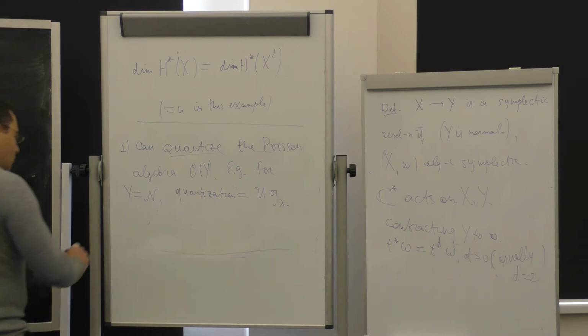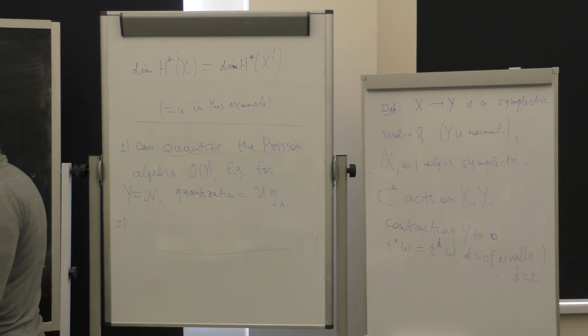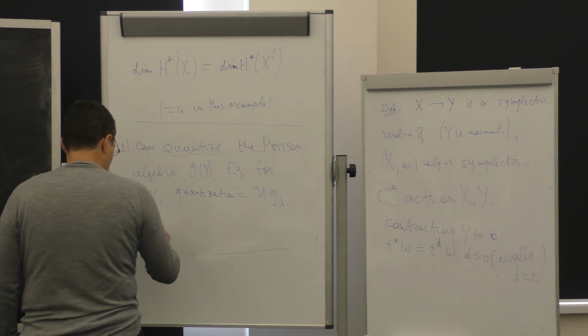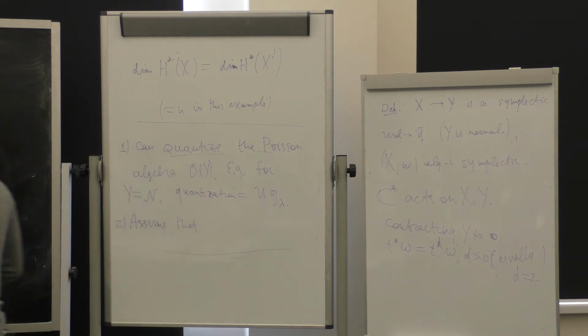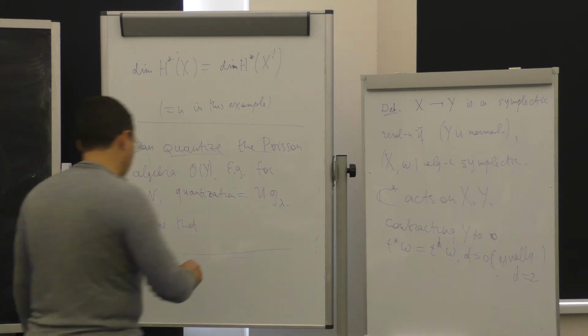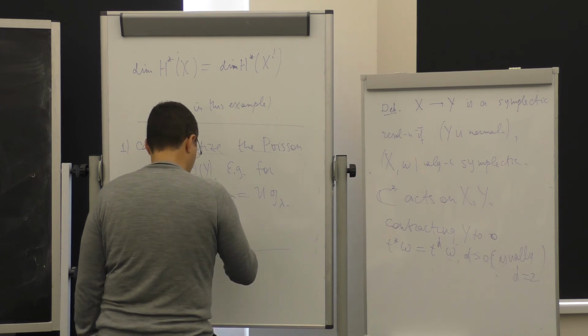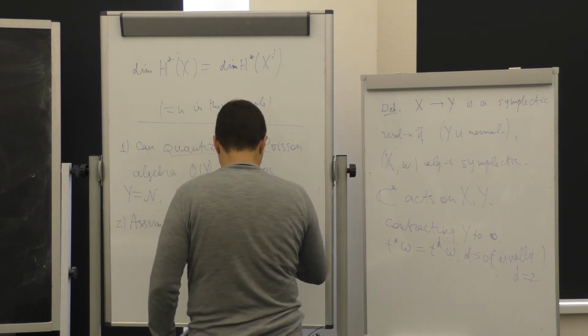And two, we'll make this additional assumption. And so we assume that on both sides we have an action of a torus. I mean, these are different tori on both sides.